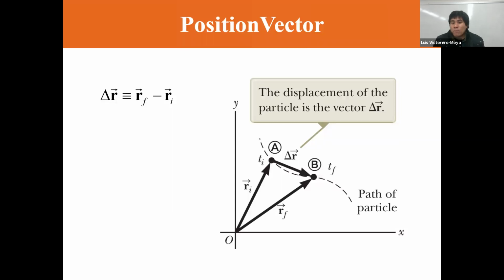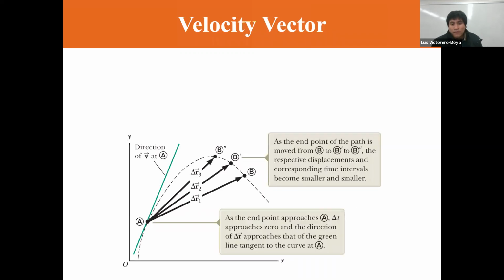We call position vector R, or delta R for R final minus R initial. And the reason why we do that is because R, if you remember from the first chapter on vectors, is the magnitude of the resultant of a vector with 2 components, X and Y. So it's important that you remember that, right?